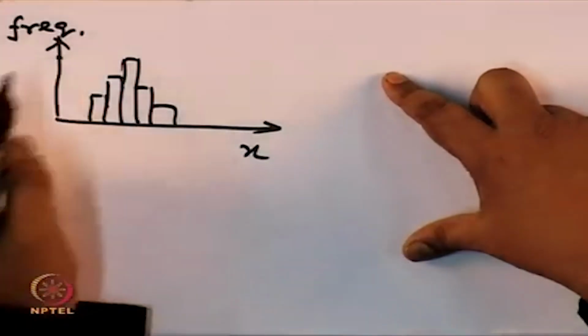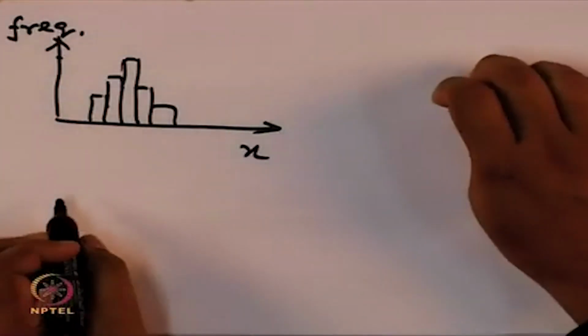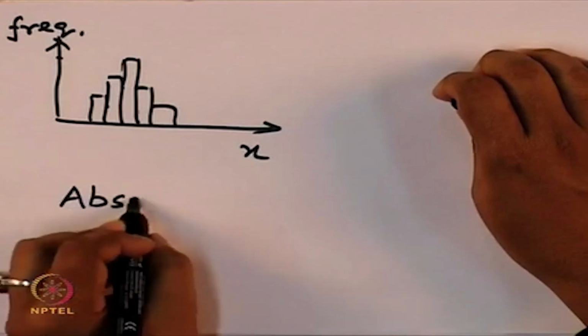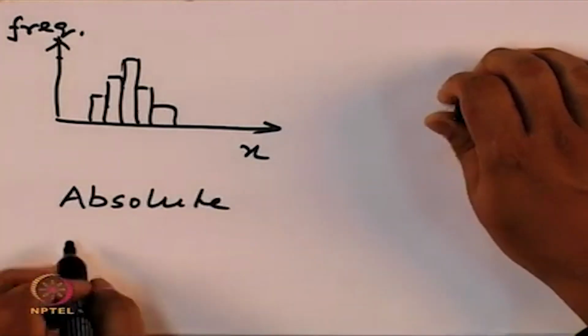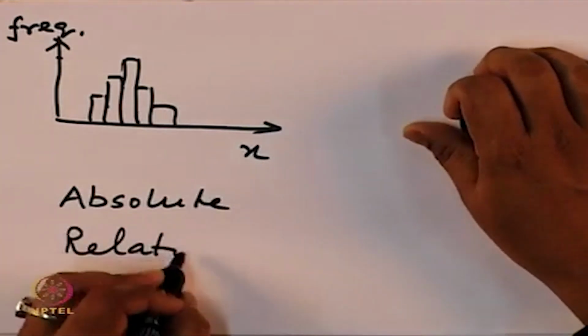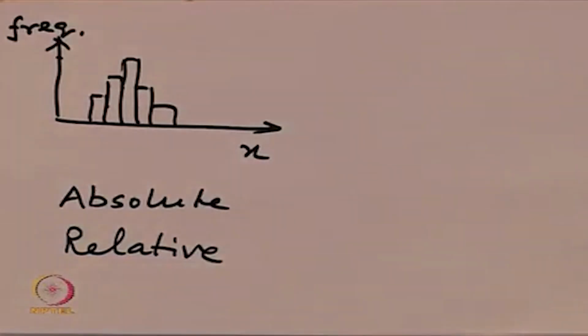Now, this frequency axis can be plotted in absolute terms or in relative terms, and relative frequency is important when you are comparing two separate experiments or two different conditions where the number of data points is not the same. Let us say in one case you have obtained data for a total of 50 points, and in the other case there are 100 points.